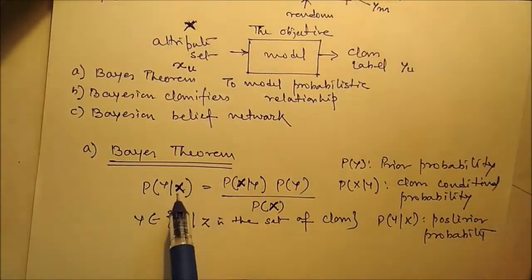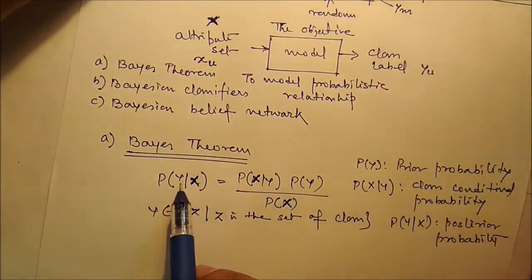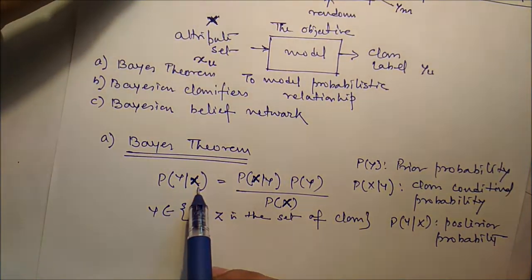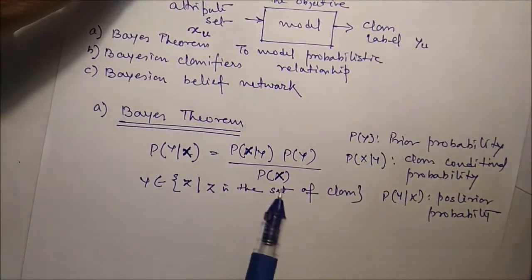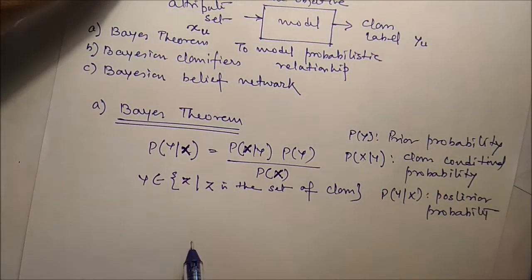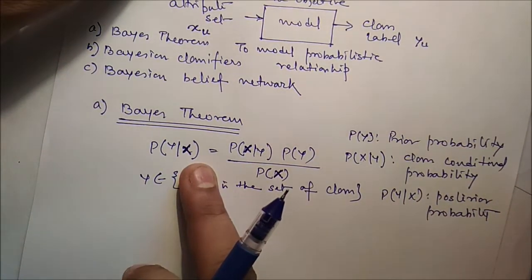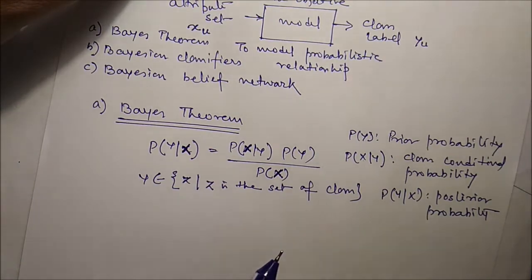So what will be the probability of y if the attribute set is given? x is a set of attributes and y is a class level. Both are random variables, and we capture the relationship probabilistically using P(y|x). It is also called the posterior probability, and already you know that P(y) is the prior probability.